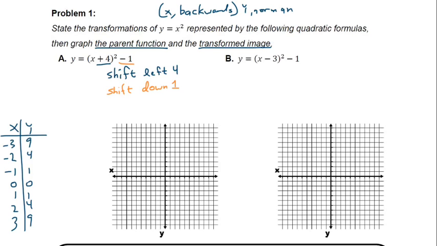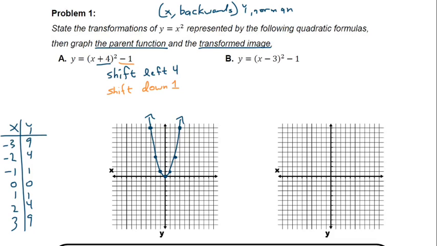So just go from -3 to +3 and square them all. You don't have to memorize them. You have to freehand this as best you can. Okay, there's your parent function.